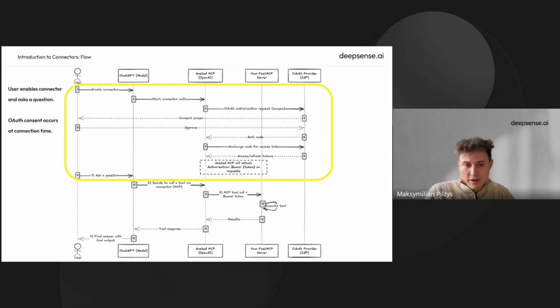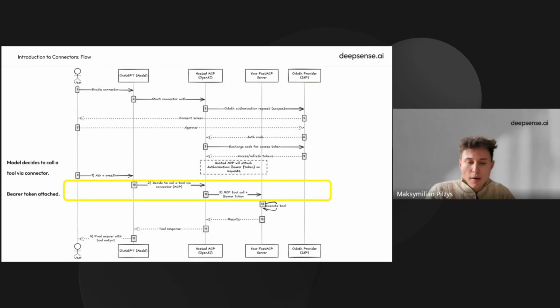Secondly, after the connector is up and running, when we ask ChatGPT to utilize our connector, we see the second part, represented by the numbers 10 and 11, being performed.